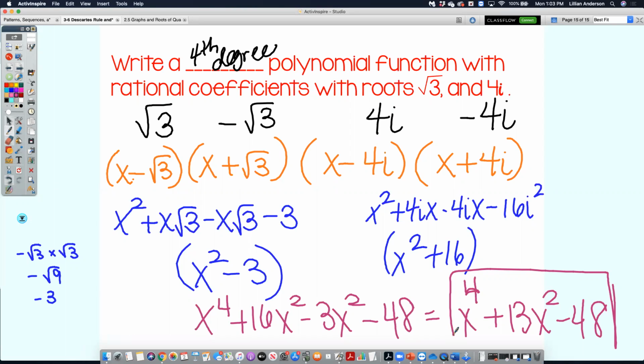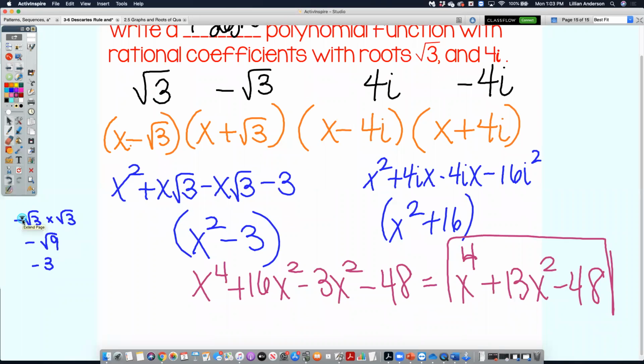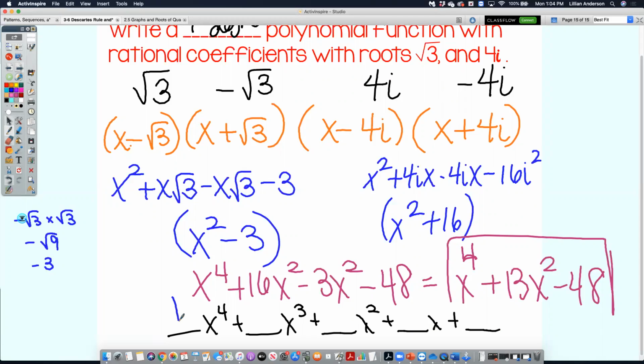So it works the same way with the radical roots. If this was on your homework, what would you type into this first blank? 1.